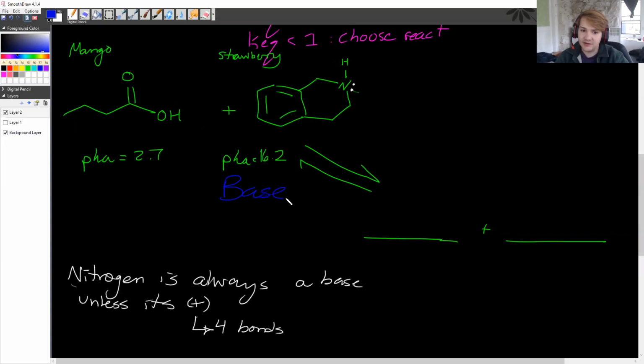We determine that because this pKa is lower, so this is the acid. Here we have a nitrogen with a lone pair, and here we have an oxygen with a hydrogen that it can donate. So this nitrogen is going to come over and grab that hydrogen. Does this make sense?